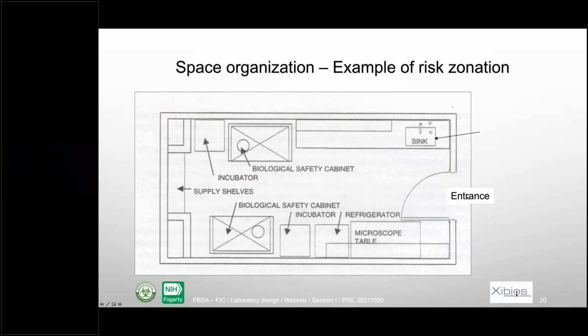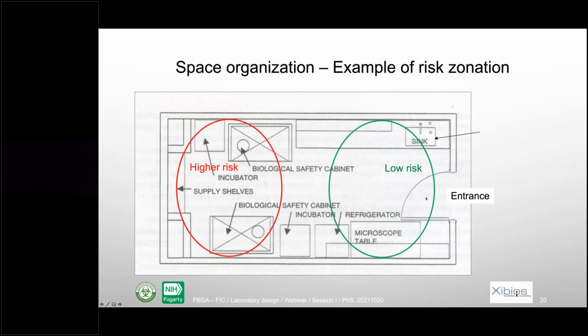On the right-hand side, you have the entrance to the lab. Then, based on risk assessment, you have identified some low-risk activities and some high-risk activities. You will locate high-risk activities at the end of the lab. And you see the biosafety cabinets are there together with the incubators, for instance. And at the entrance, you have low-risk activities like looking at a microscope, and you also have the sink close to the door. In doing that, you reduce the risk.